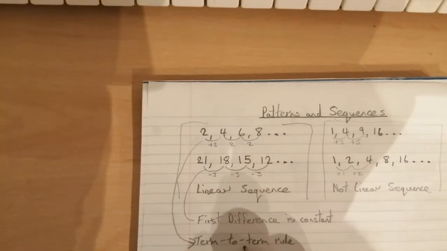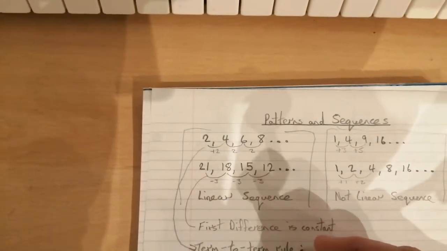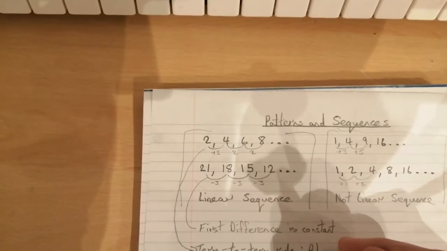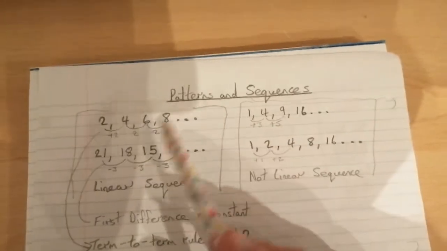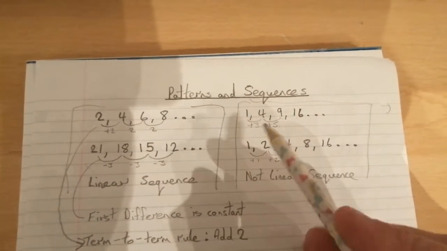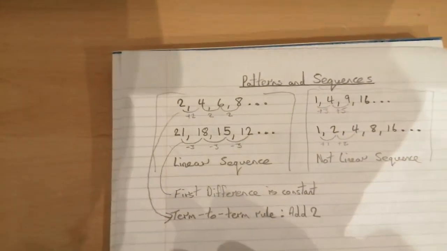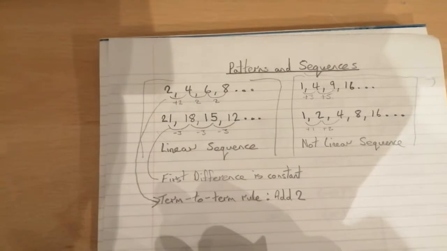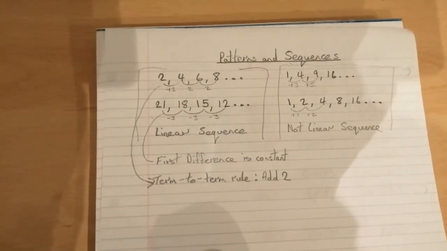So the term-to-term rule for this sequence up here is just add 2. Okay. Now, even though we'll be mostly dealing with linear sequences today, we could come up with a term-to-term rule for these, but we'll be waiting until we've learned more about them in the next few days. Okay, so that's your term-to-term rule.